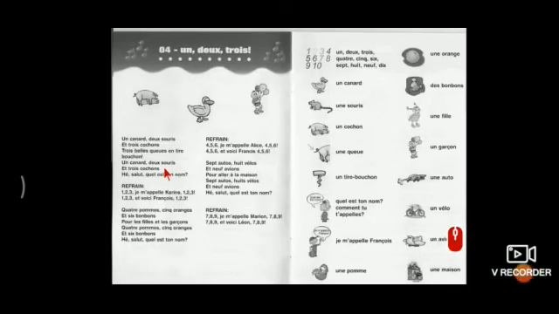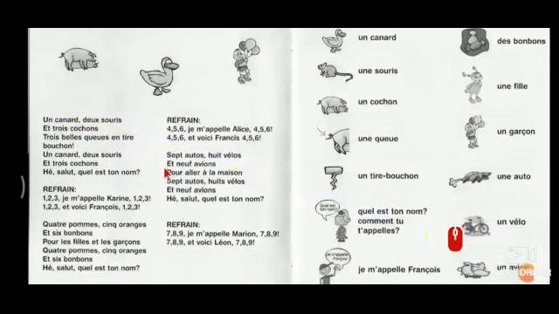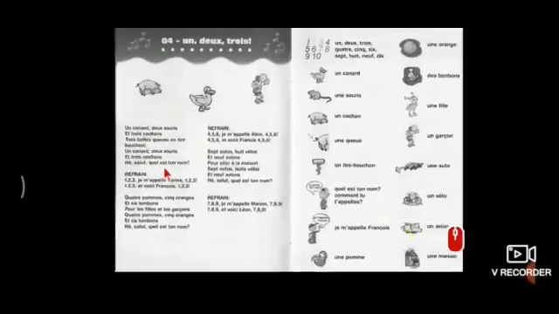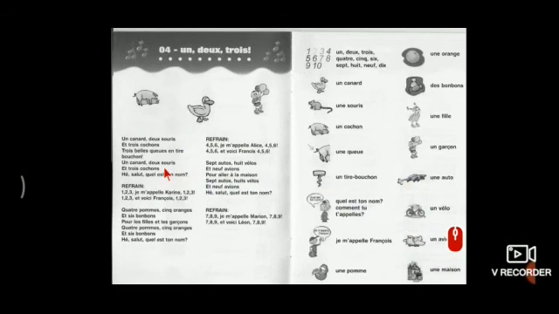So hope you guys enjoyed this song. In case you want to take notes on this song, you can just pause the video and take notes. This is just a time to enjoy.